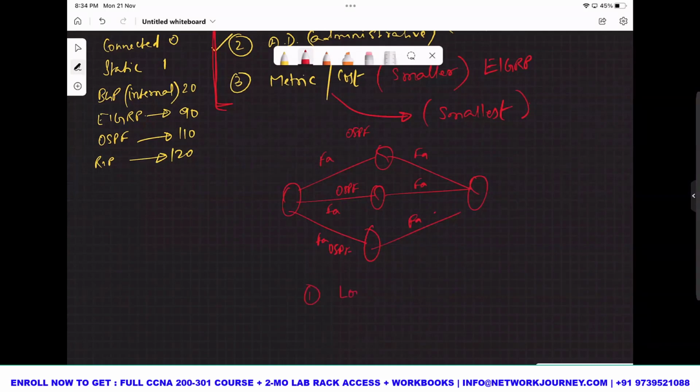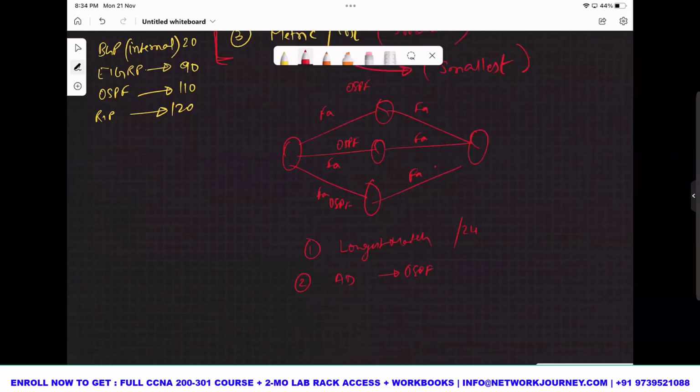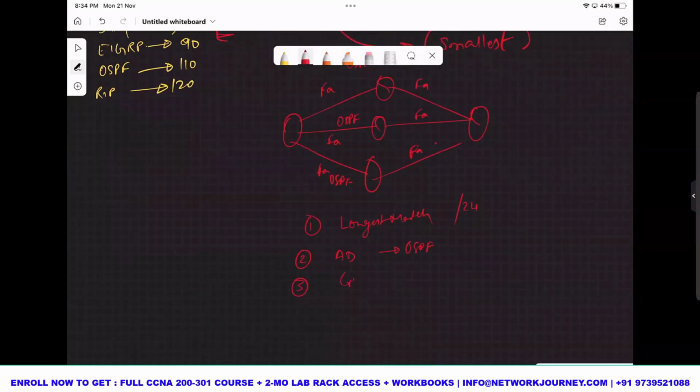So your longest match is a tie because you are advertising /24. The AD value is a tie because you have OSPF on all three paths. Cost is the same because you are using Fast Ethernet.